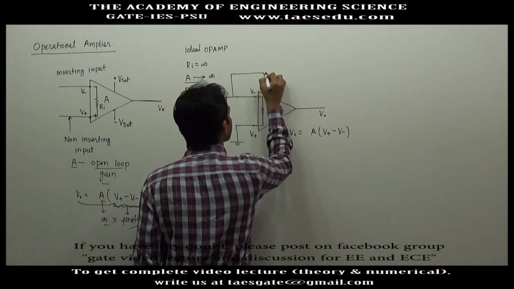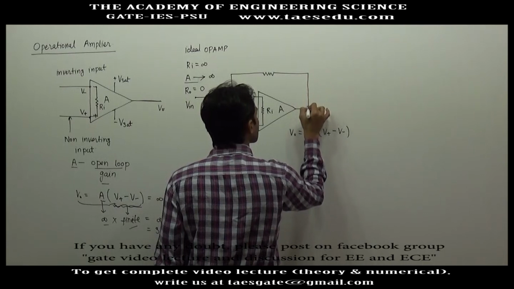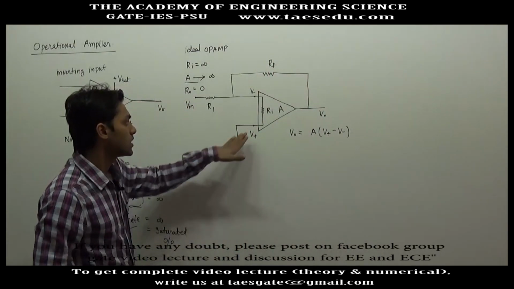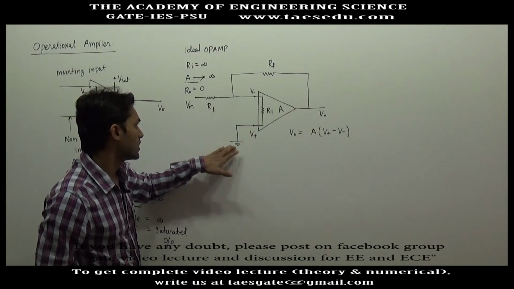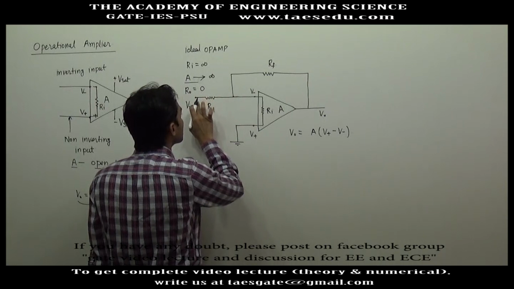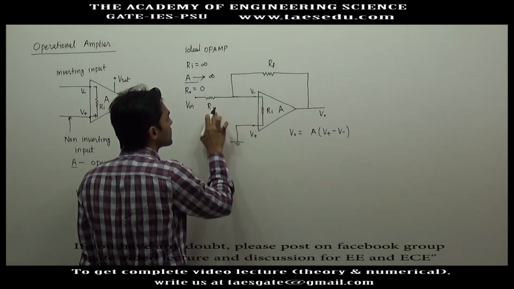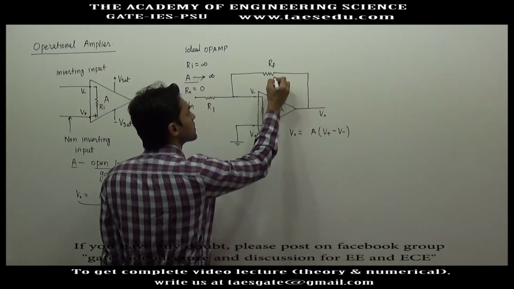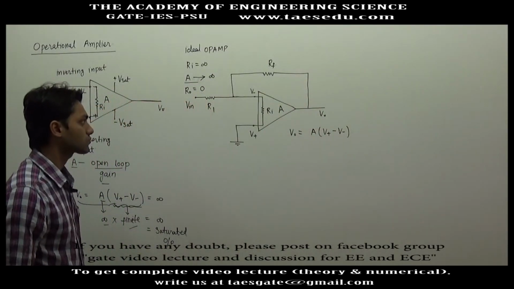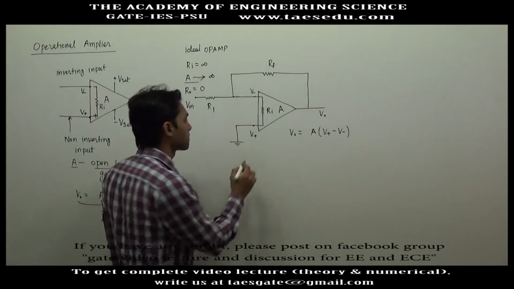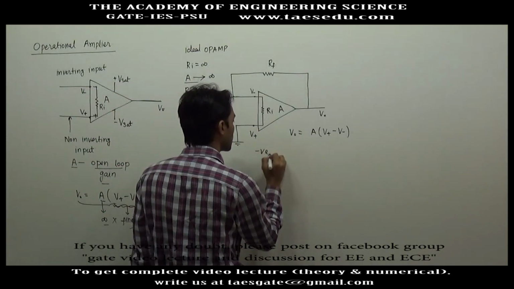Here we connect a resistance RF. The non-inverting input has been grounded, and to the inverting input we have connected a voltage source with a resistance R1, and there is a feedback from the output voltage with a resistance RF. This type of feedback will be called negative feedback.